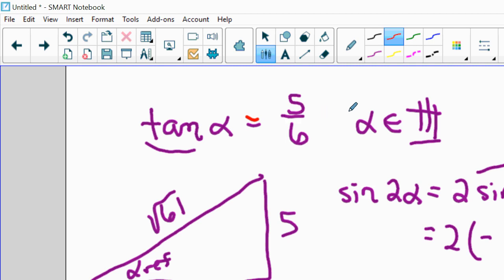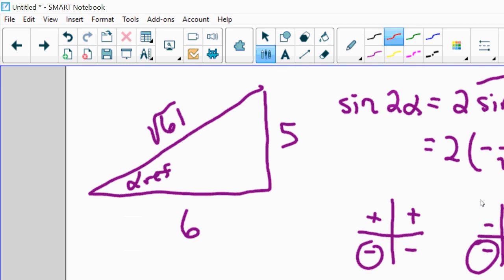And then you say SOH, 5 over radical 61. And you say CAH, 6 over radical 61. And then we simplify to 60 over 61.